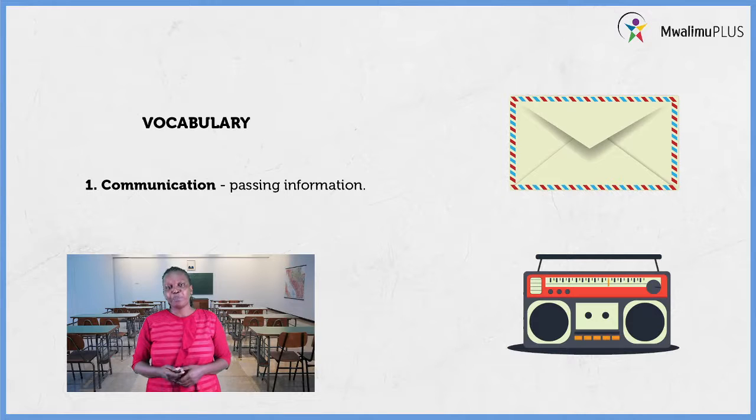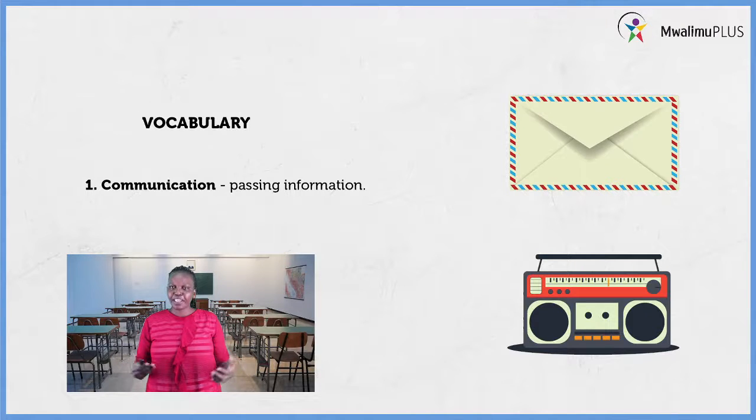For example, when the coronavirus broke out, we received this information through television and through radios. It is through the radio and the television that we learned that this disease had broken out somewhere in China. Later we also learned that the virus is now in our country.